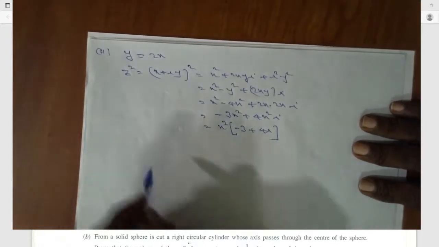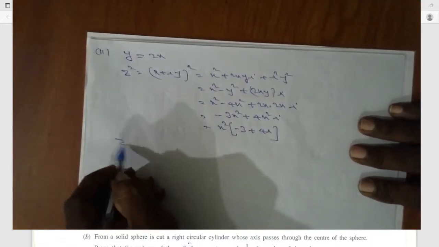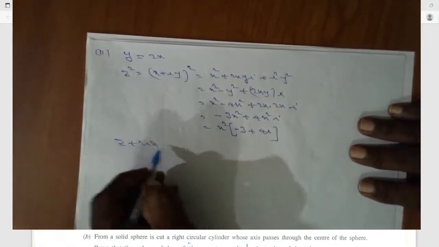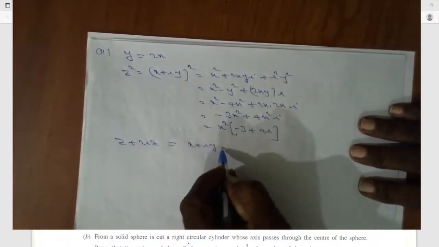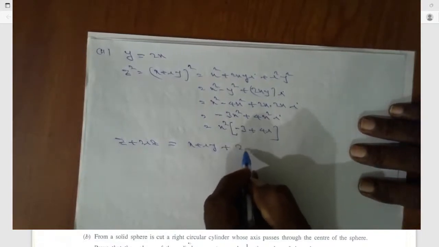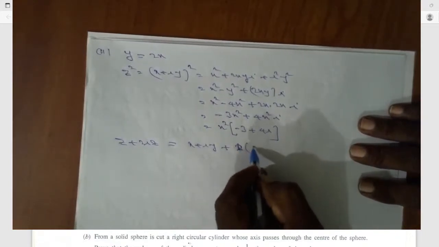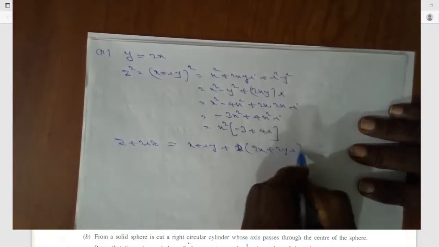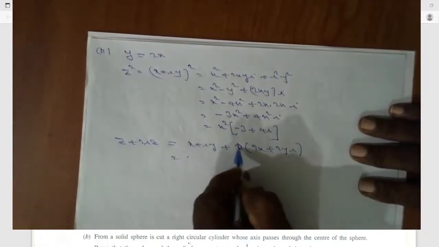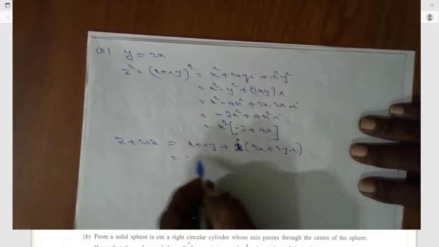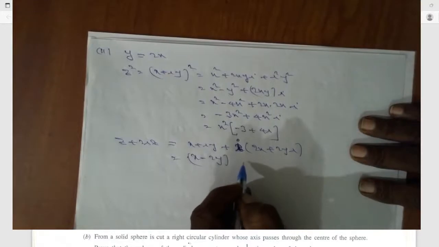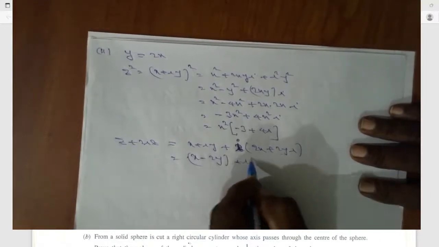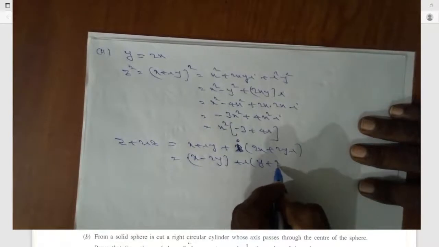What is the complex number z plus 2iz? We simplify this one: x plus iy plus i times 2x plus 2yi, which equals x minus 2y plus i times (y plus 2x).